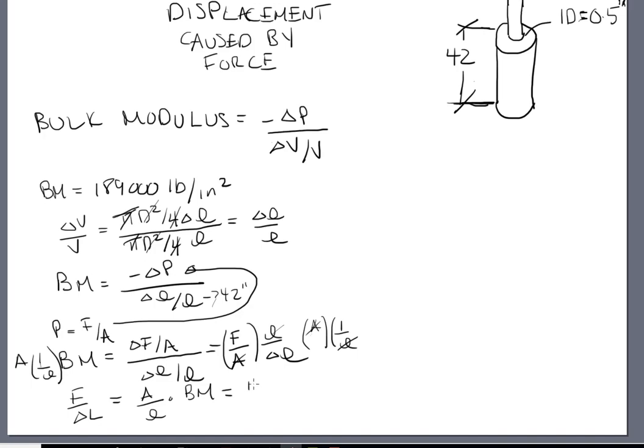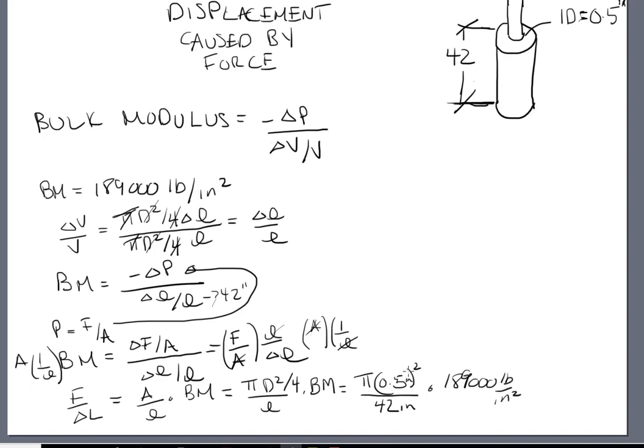And let's put that A is pi d squared over 4 over L times the bulk modulus, which is equal to pi times 0.5 inches squared over 42 inches times 189,000 pounds per inch squared.